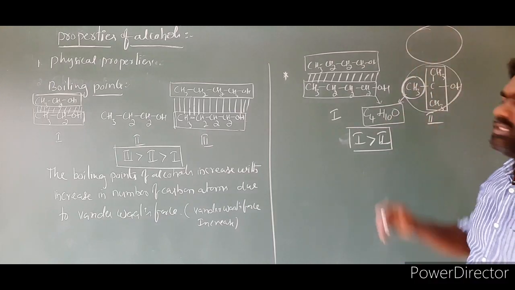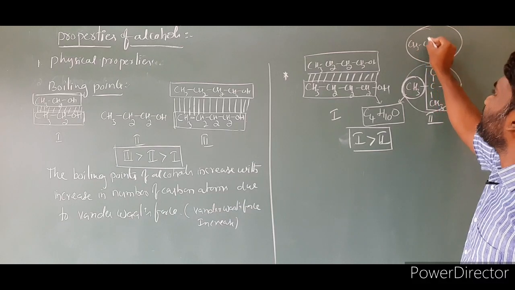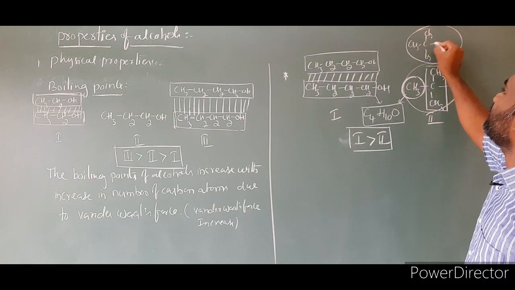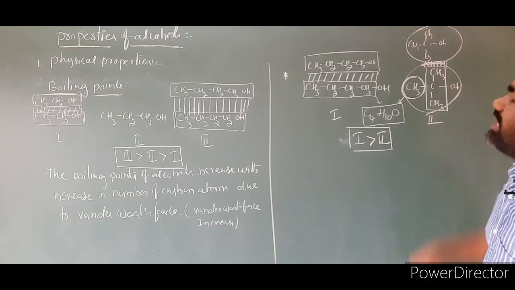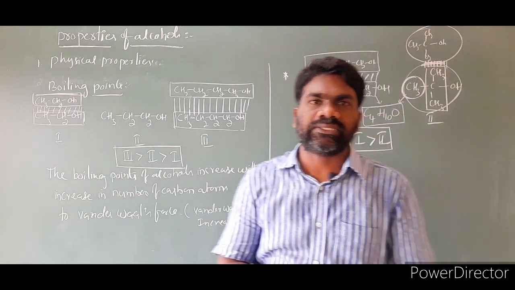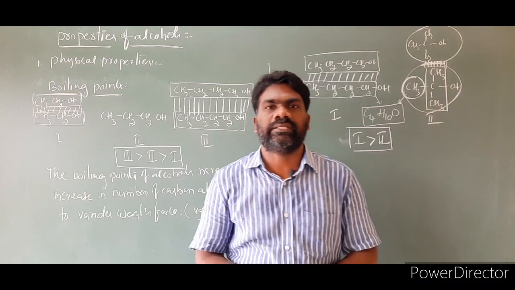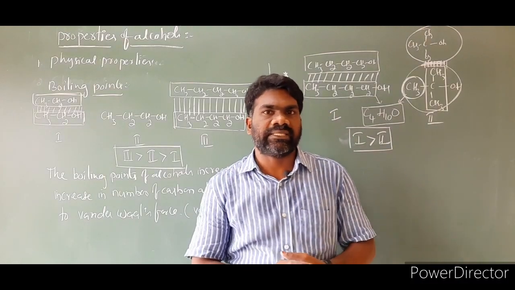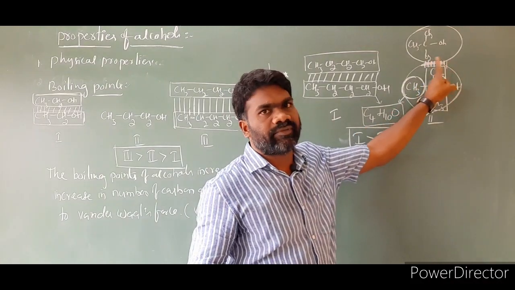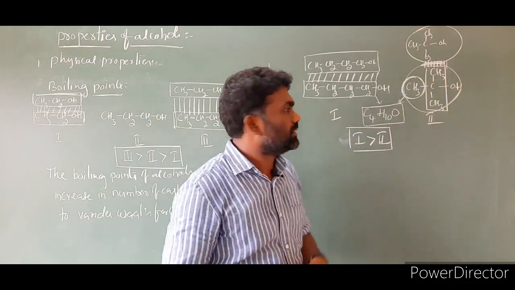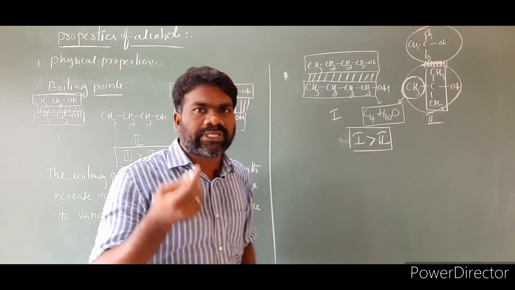Here the area of contact is very less. When the branches increase, van der Waals force decreases. Very, very important point. When the branches increase, van der Waals force is decreased because the surface area of contact decreases. So branching increases, boiling points decrease.